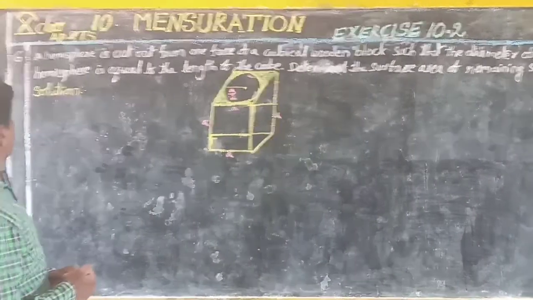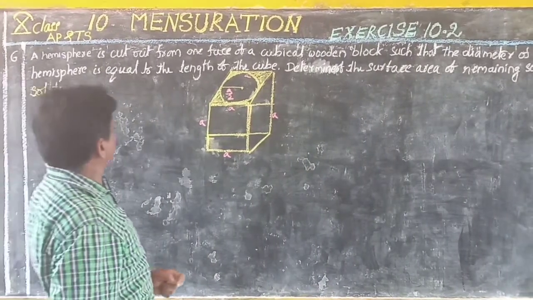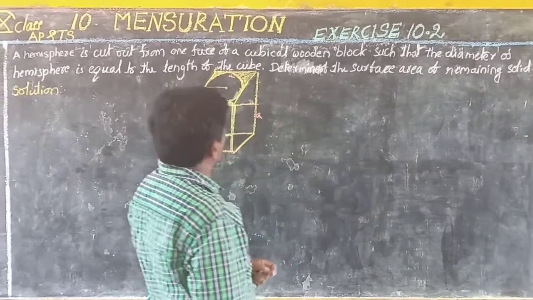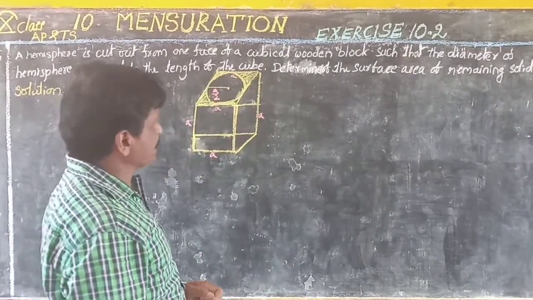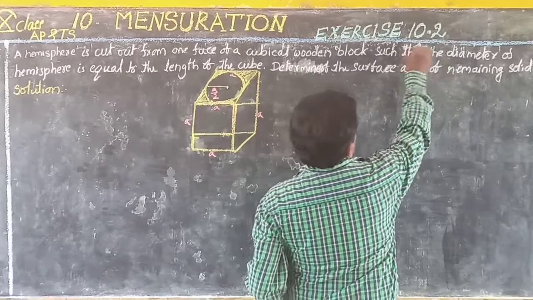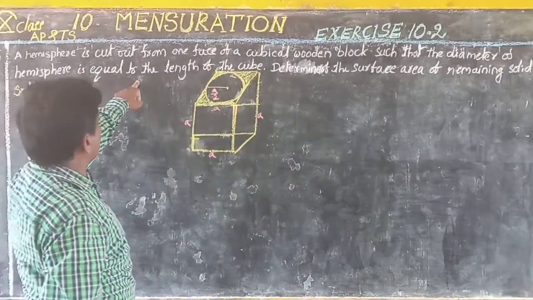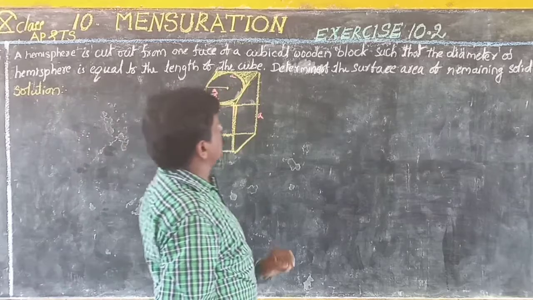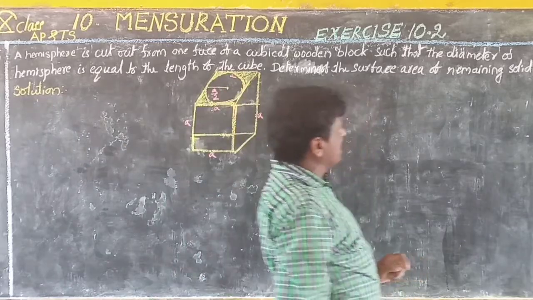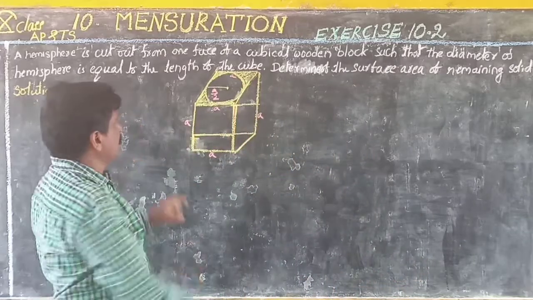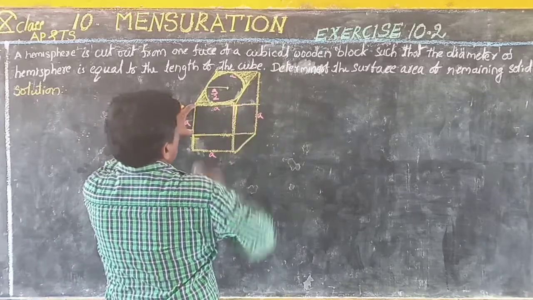Sixth sum. A hemisphere is cut out from one face of a cubical wooden block such that the diameter of hemisphere is equal to the length of the cube. Determine the surface area of the remaining solid. This is the cube.